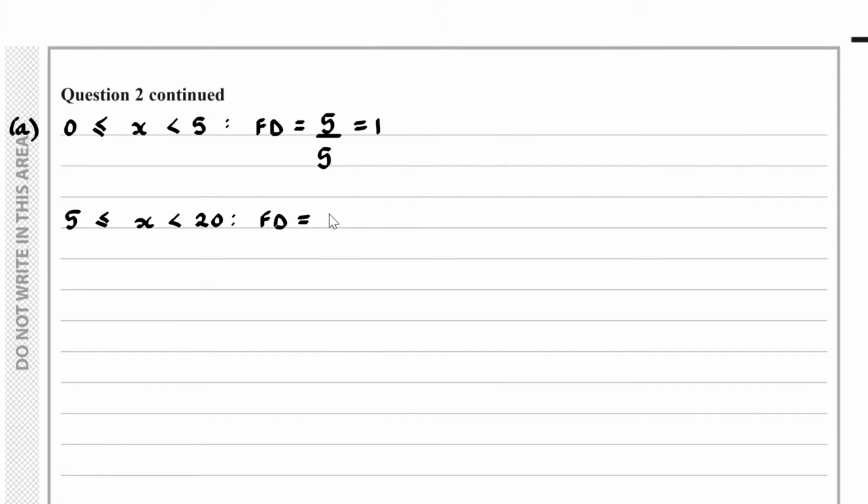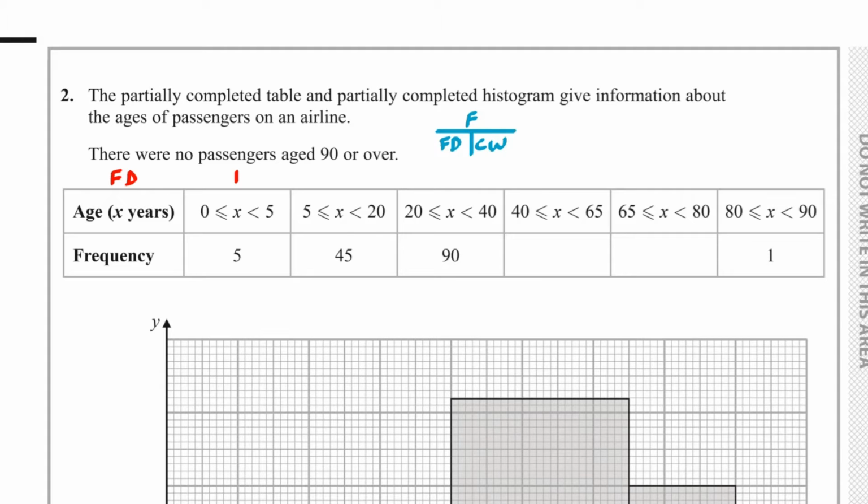So we have 45 divided by 15, which is equal to 3. So we have 3 for our frequency density.